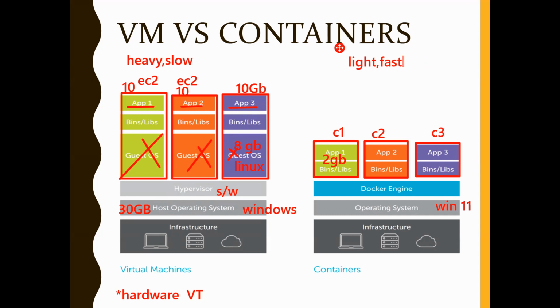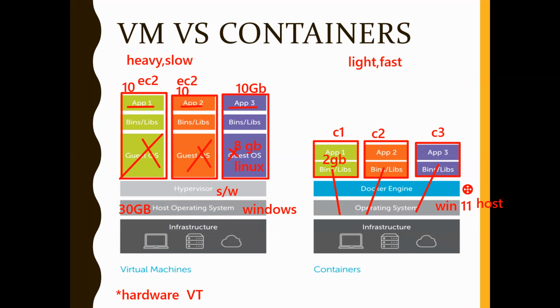And they can work like a normal machine. But how will they work without their own operating system? They share the operating system of the host. This is called the host machine, the host operating system. Because they share the host operating system, they can still do everything like a normal machine.